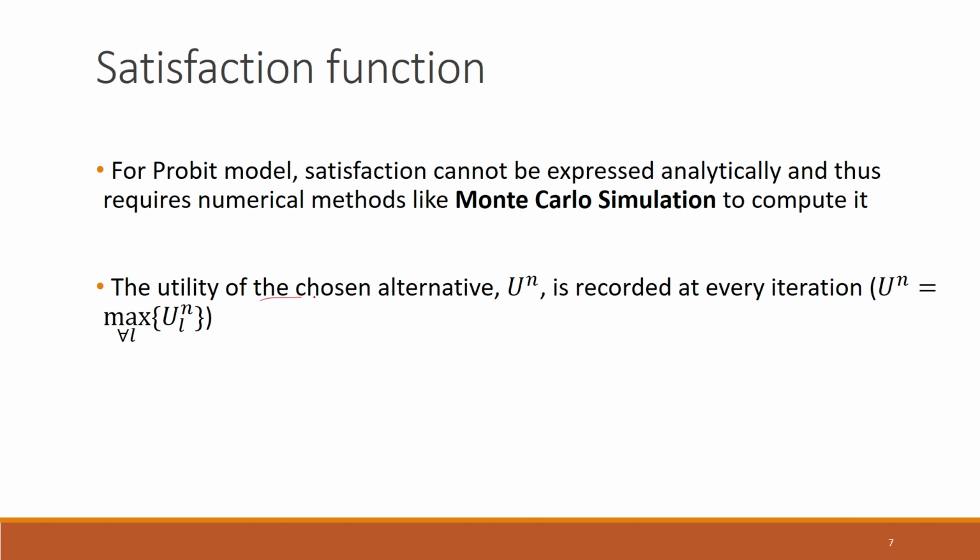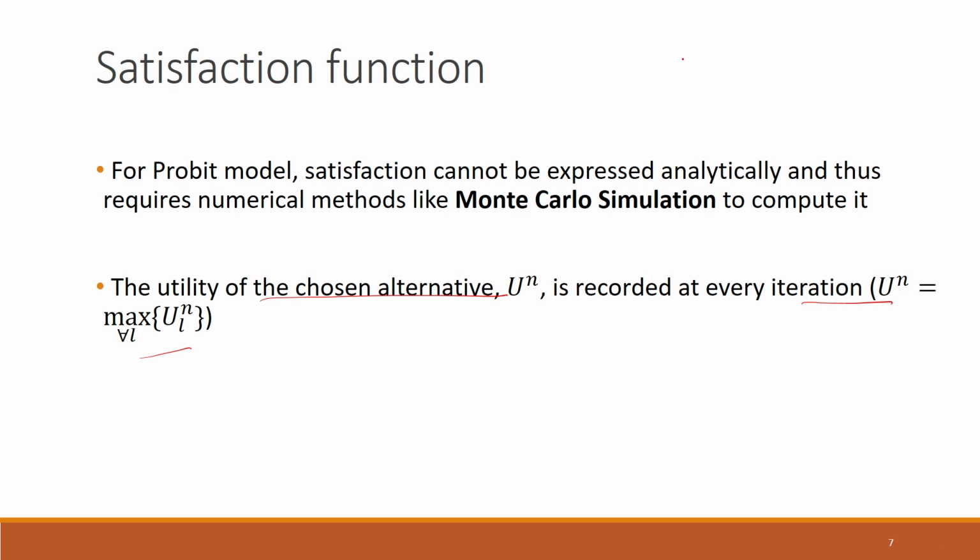The utility of the chosen alternative, Un, is recorded at every iteration. If you remember, in every step of the Monte Carlo iteration, we anyway have the systematic utilities, and we derive a sample of the error terms from the distribution that we have.